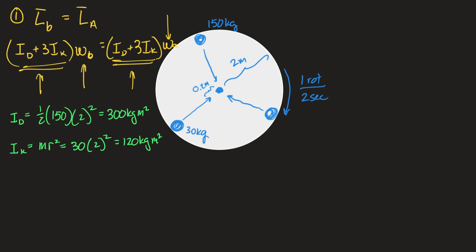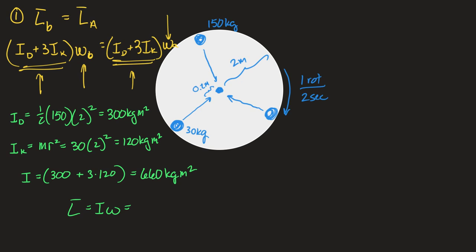Now this is enough information to figure out the total moment of inertia. There are 3 kids and 1 disk, so the total is 300 plus 3 times 120. 3 times 120 is 360, so this is 660 kilograms meters squared. If I want the angular momentum, which is I times omega, I need to put the speed in terms of radians per second.